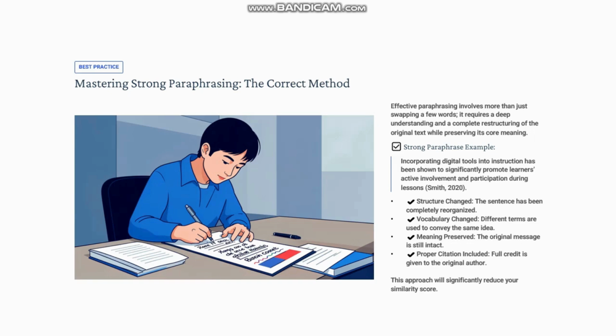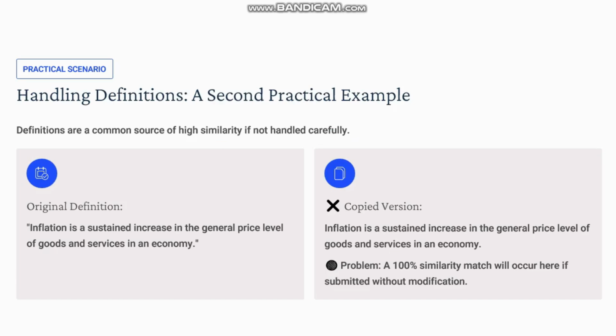So this approach will significantly reduce the similarity score. Remember, we stated the similarity index is different from plagiarism. Plagiarism is when you just go and take somebody's work and claim it to be yours, and that is an academic offense. Our emphasis is going to be on how to reduce your similarity index score. All right. So for another example is this.